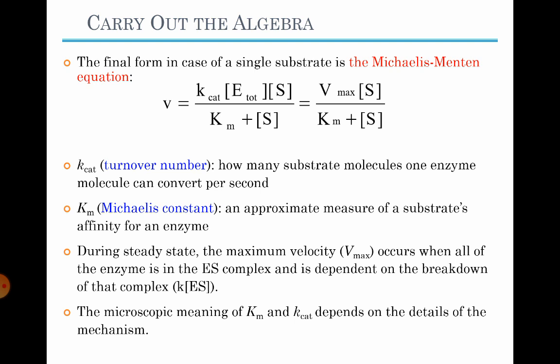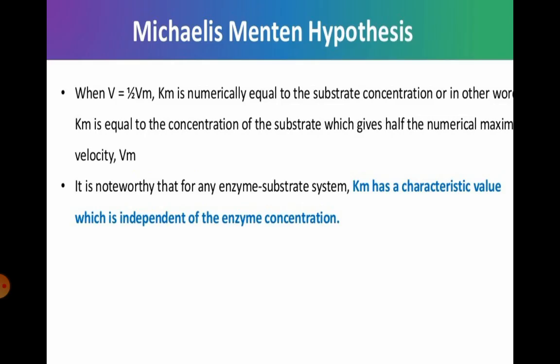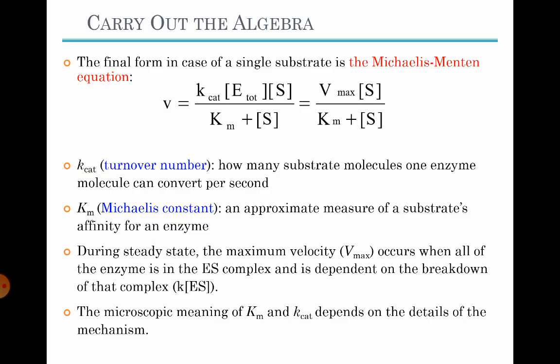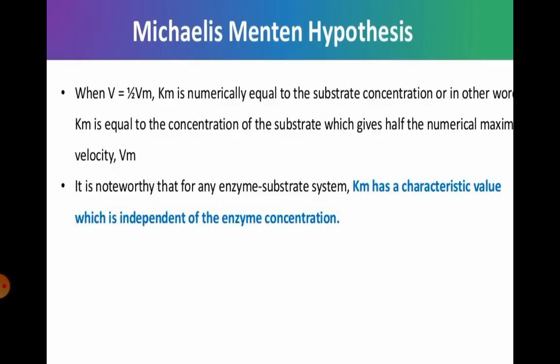Km is the Michaelis constant, an approximate measure of substrate affinity for an enzyme. During steady state, the maximum velocity Vmax occurs when all of the enzyme is in the enzyme-substrate complex and is dependent on the breakdown of that complex. The microscopic meaning of Km and Kcat depends on the details of the mechanism.